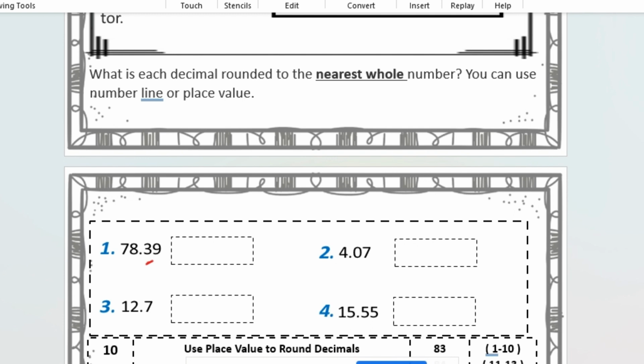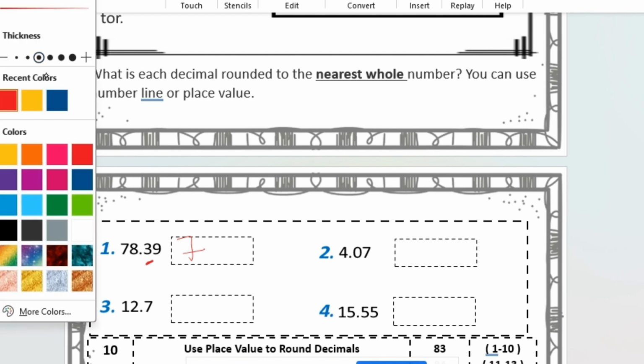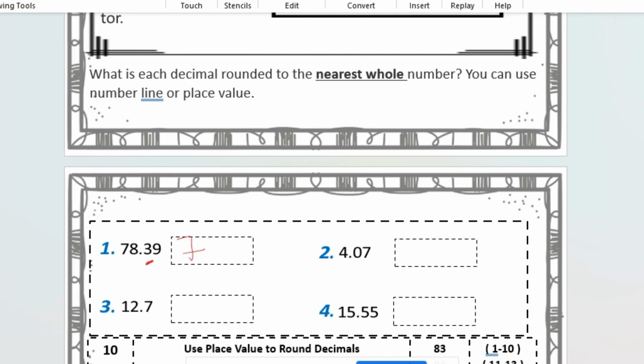Is it more or less than 5? 3 is less than 5. So the 87 stays the same and we put zeros. So it's 87.00, or you just write it as 87, okay?